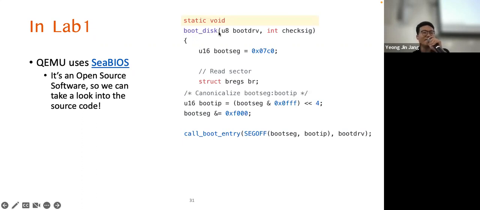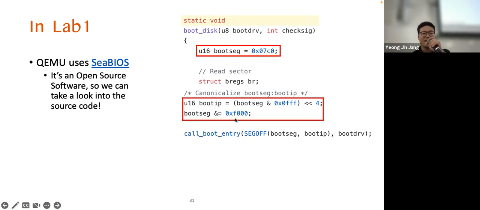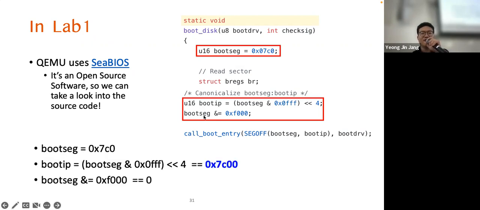It says boot disk, and then it sets the boot segment as 7C0, and then sets the boot instruction pointer, and then the boot segment. If we just follow the calculation, the boot segment starts with this number, and the boot IP is getting the last 3 digits and then shifting by 4, which means multiplying by 16.